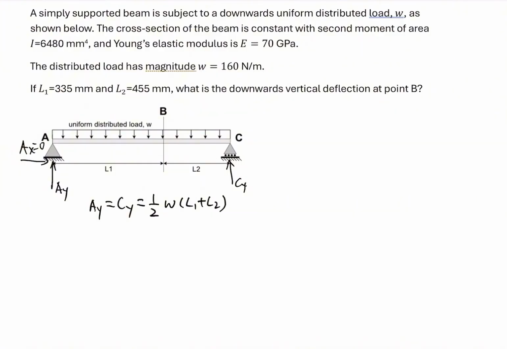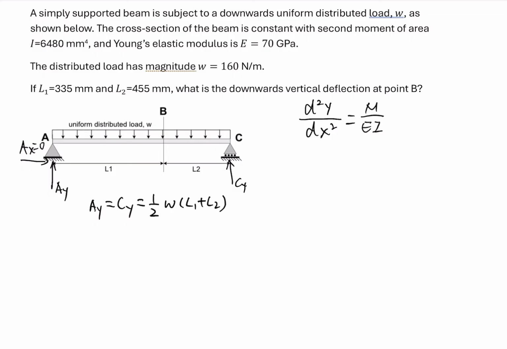Once we know the reaction forces, we need to derive the internal bending moment, because if we want to use the double integration method, we need to apply the function d squared y over dx squared equal to M over EI.